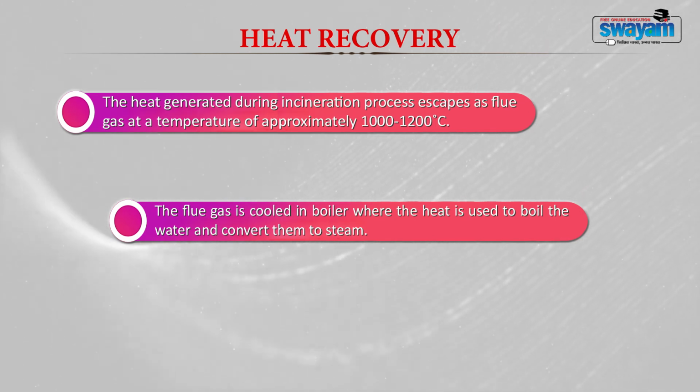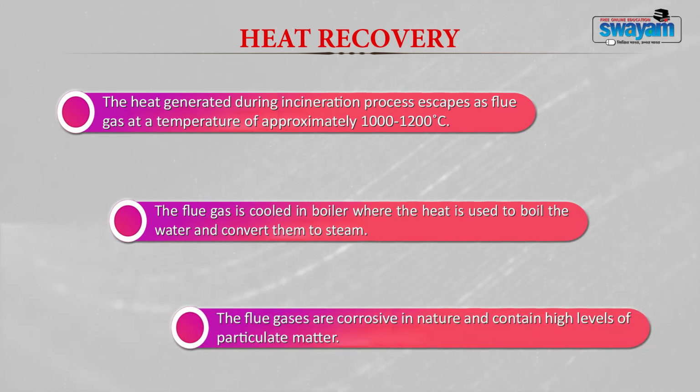Meanwhile, the flue gases are generally corrosive in nature and contain a very high level of particulate matter. As I told you earlier, the incineration process has a lot of air pollutants, so you have to have a control device. That is the 4th area, where we will discuss emission control.